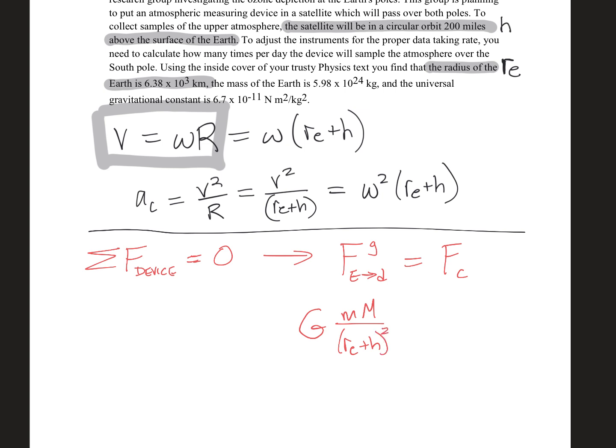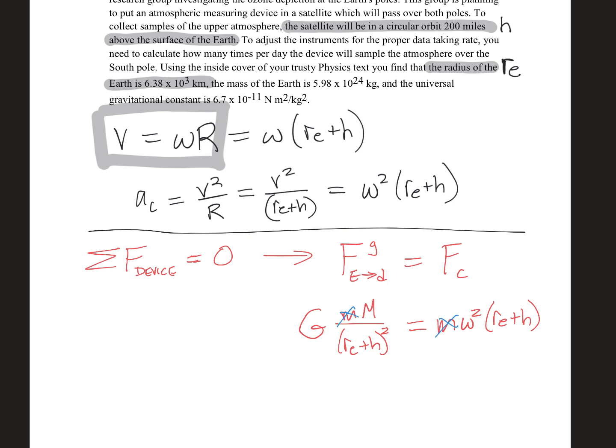That's the total distance over which gravity is acting. This would equal what we showed above. Instead of MA, our acceleration will be omega squared RE plus H. All right.